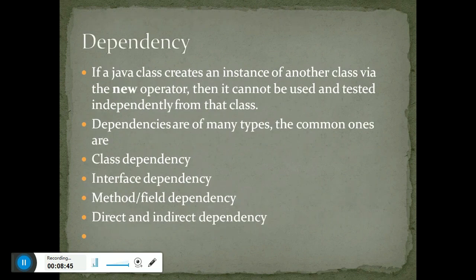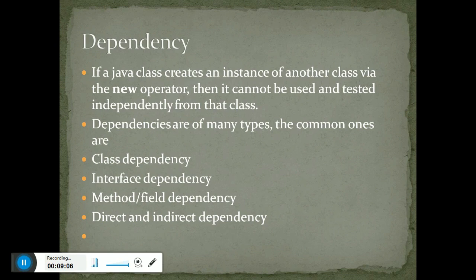Okay. And for dependency, we have class dependency, interface dependency, method dependency, direct and indirect dependency, a lot of kinds of dependency as on the screen. But that means this is a bad idea. How can we solve it? Using DI. DI is a design pattern.